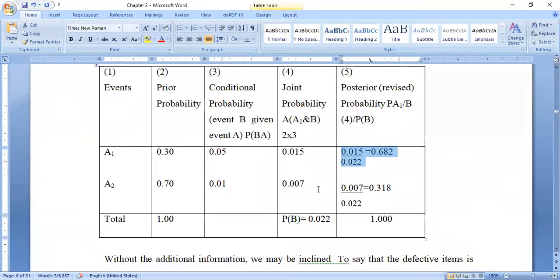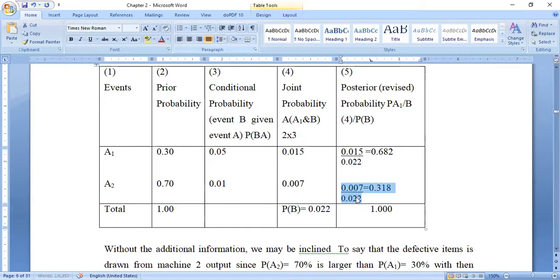In this way you get the value from the joint probability. Then the first value, 0.015, should be divided by the P of B value, the total 0.022. Then you will get 0.682. This is the first information. Then the same method we apply for the next one also. Finally the total is 1.